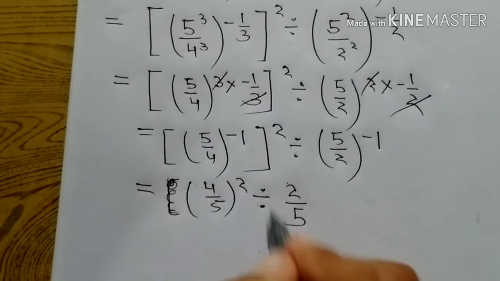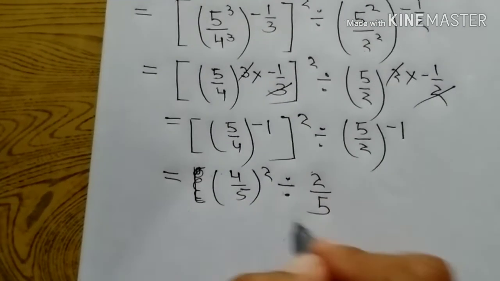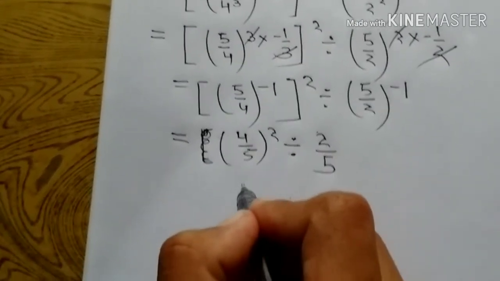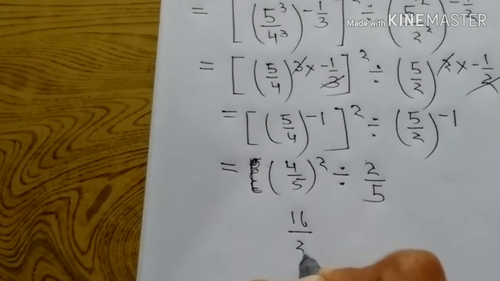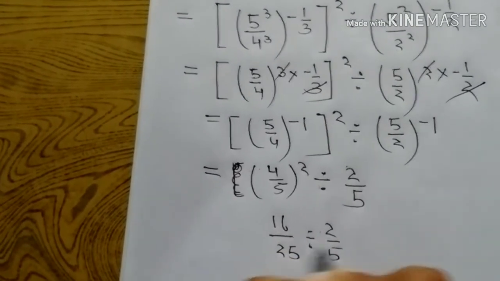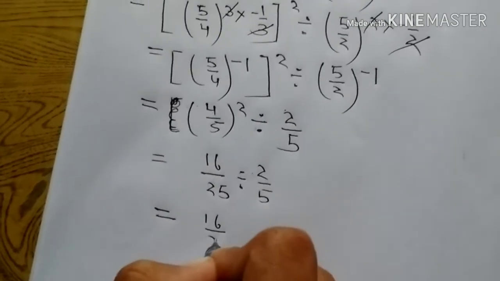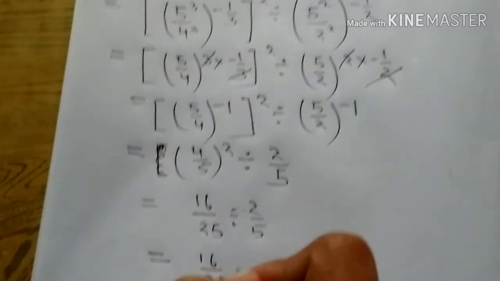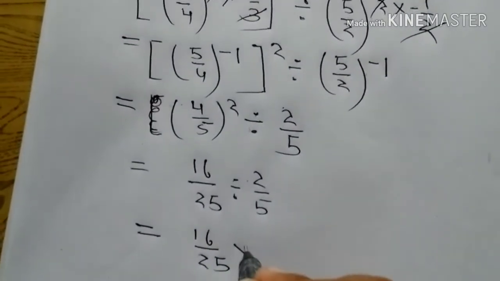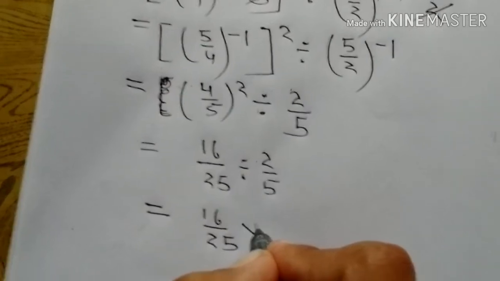Now here you see there is a clear number, so we have to convert this square into the number. 4 4s are 16 and 5 5s are 25, divided by 2 by 5. Now what we have to do is we cannot cancel, so make the remaining divide as it is, so we have to convert this divide into multiply.